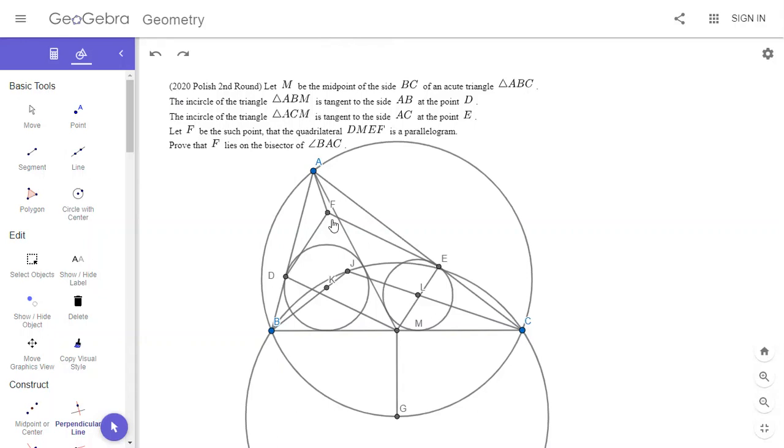I guess another way we could think of it is that the altitudes from F to AB and AC are the same.